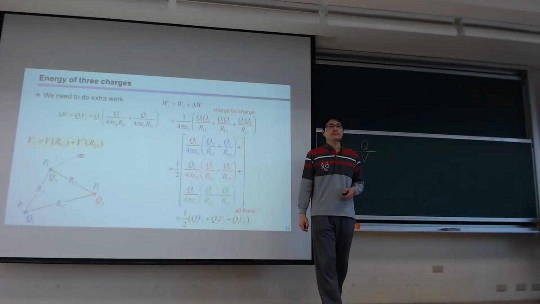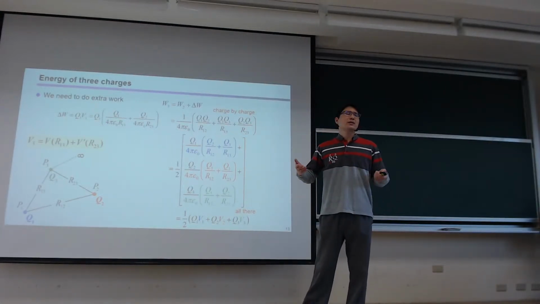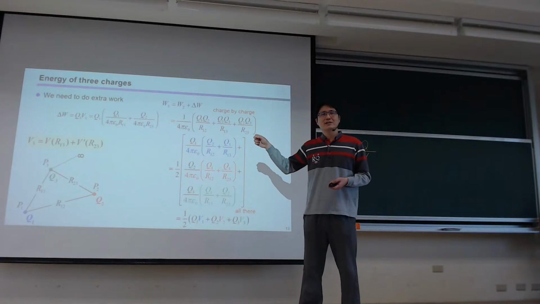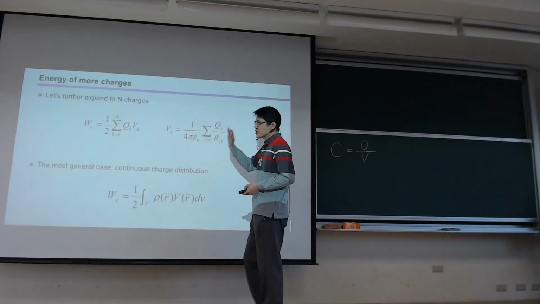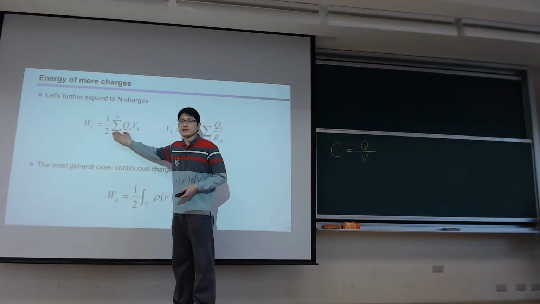All right? But essentially, for practical questions, I don't think we have the privilege to calculate the charges coming in charge by charge. So usually we want to have a generic expression, right? We can have 1,000 or 1,000,000 charges.